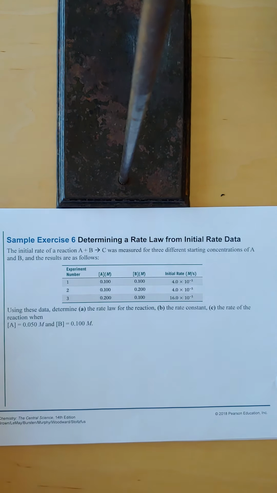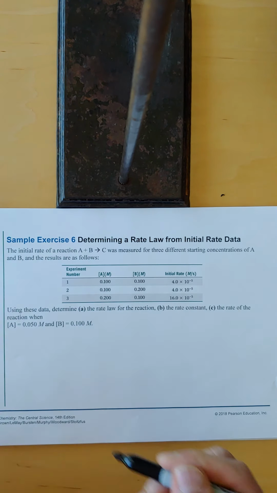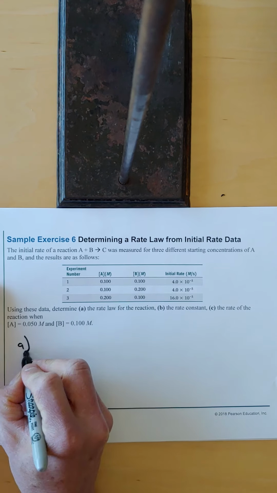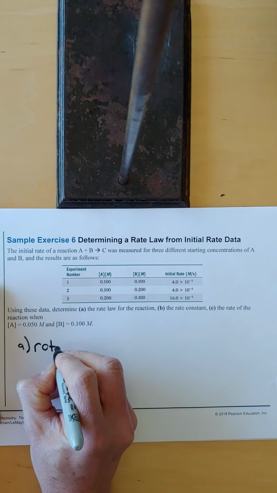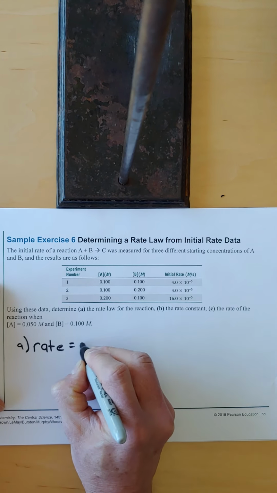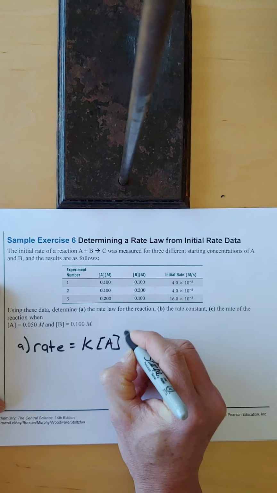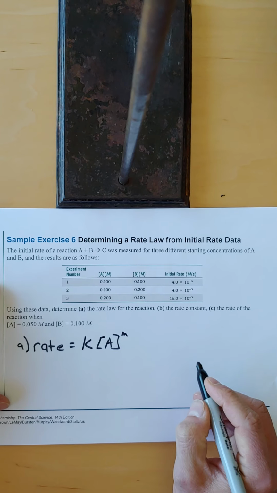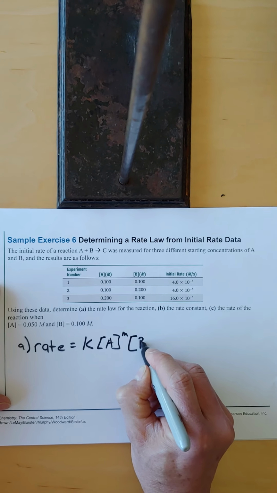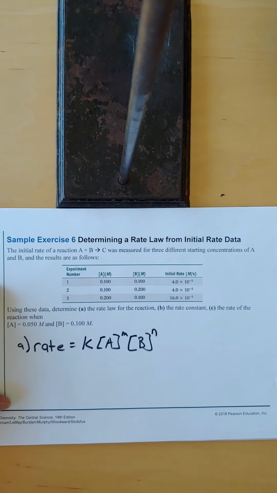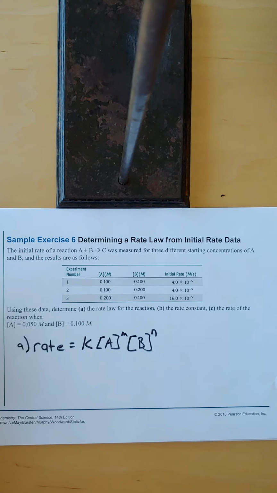Okay, so if we wanted to generically write the rate law, it takes on the generic form of K times the concentration of A raised to some power m times the concentration of B raised to some power n. So looking at that, we can compare and see what happens.